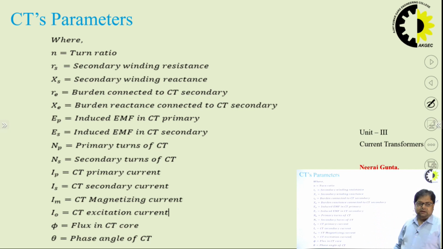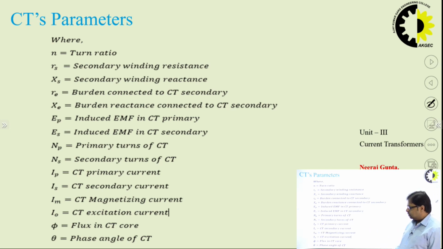So, N represents the turn ratio, RS is the secondary winding resistance, XS is the secondary winding reactance, RE is the burden connected to the secondary, XC is the burden reactance connected to the secondary side, EP is the induced EMF in the CT primary, ES is the induced EMF in the CT secondary, NP is the primary number of turns, NS is the secondary number of turns, IP is the CT primary current, IS is the CT secondary current, IM is the CT magnetizing current and I naught is the CT excitation current, or we sometimes even call it the no load current.